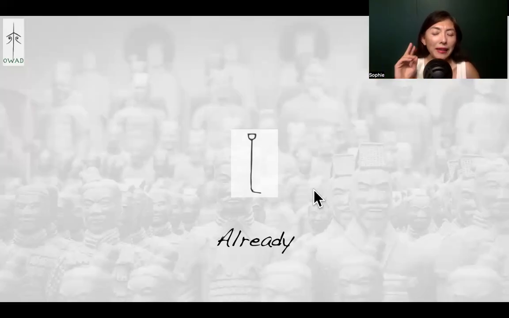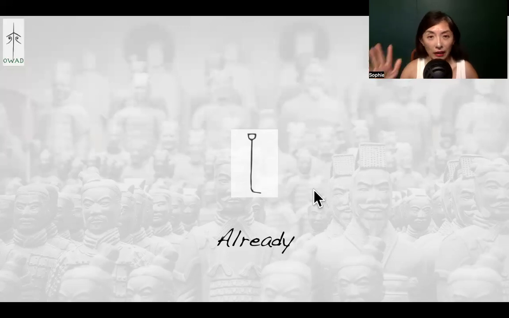So just by the sound being similar, this particular character, the snake-looking thing, was borrowed to take on the meaning.